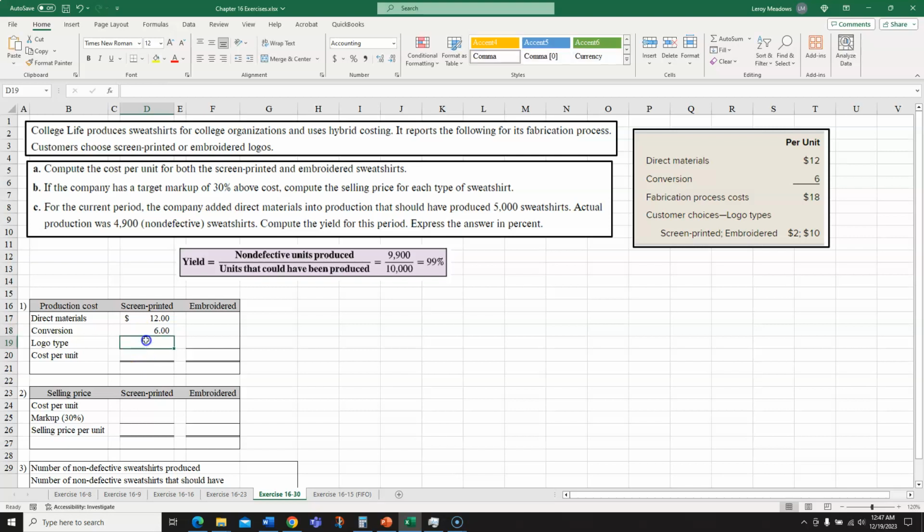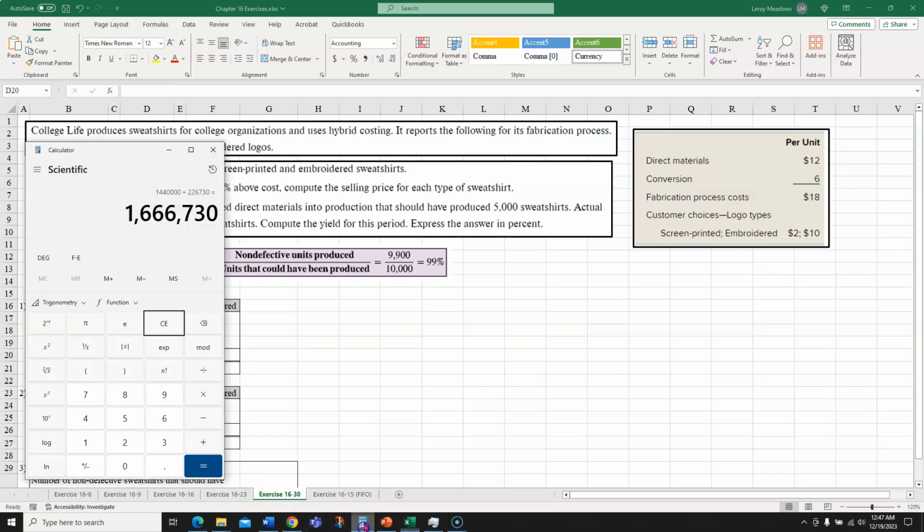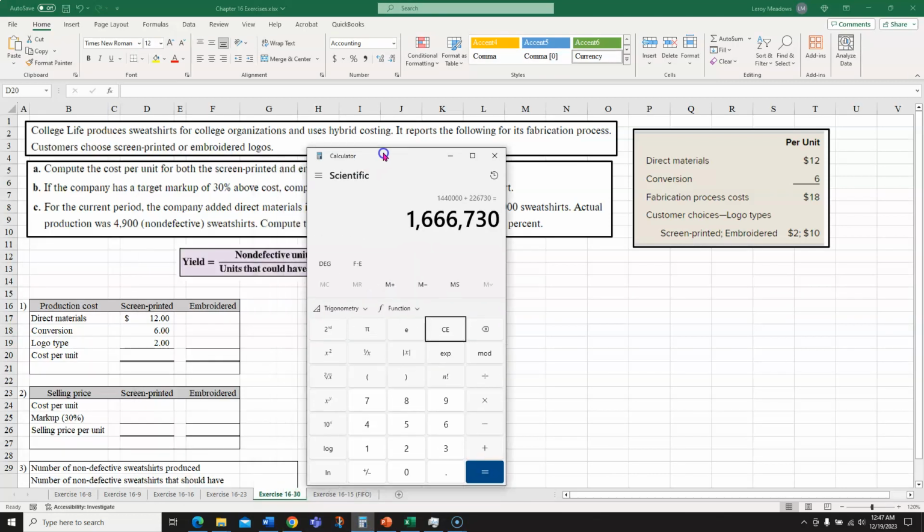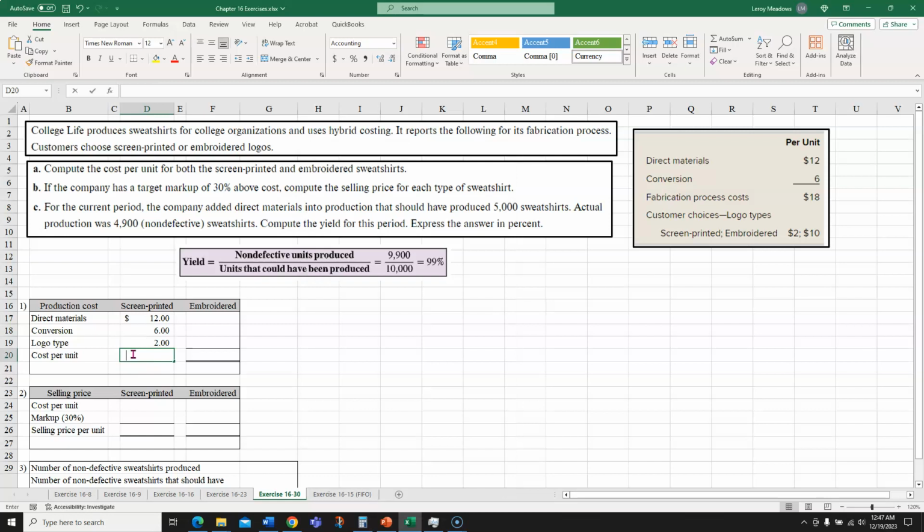And then the logo type, screen printed, $2 per sweatshirt. When I add all that together, I get $20 per sweatshirt. So the cost per sweatshirt is $20.